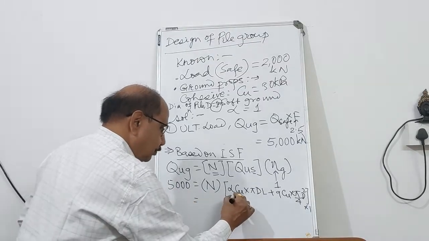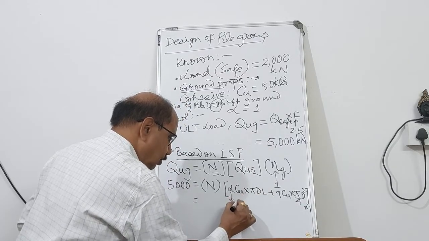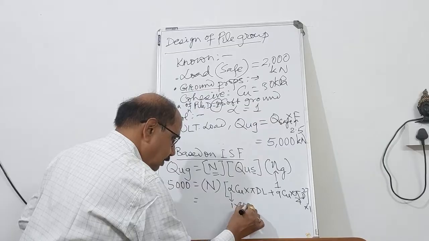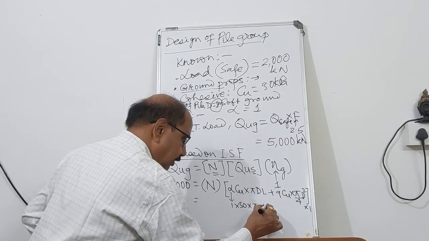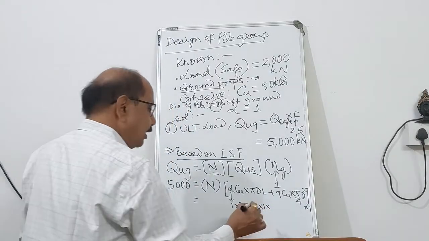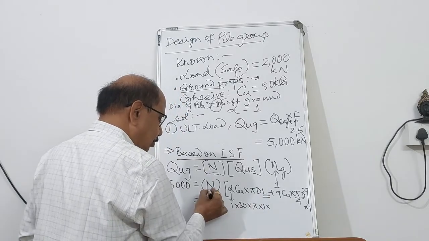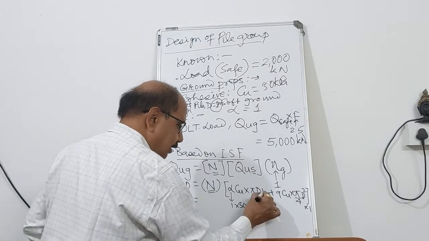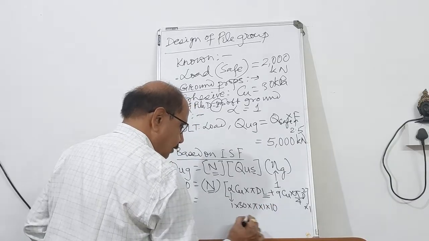Now, if you calculate this, alpha is 1, Cu is 30, pi, d available at the site is 1 meter, and initially assume the length of the pile in order to calculate the number of piles required. Say we assume the length of the pile as 10 meter.